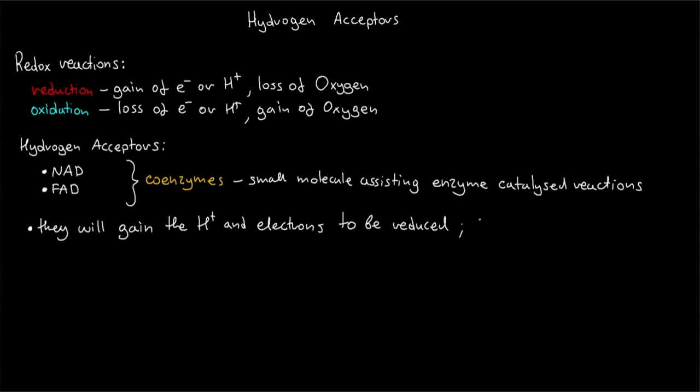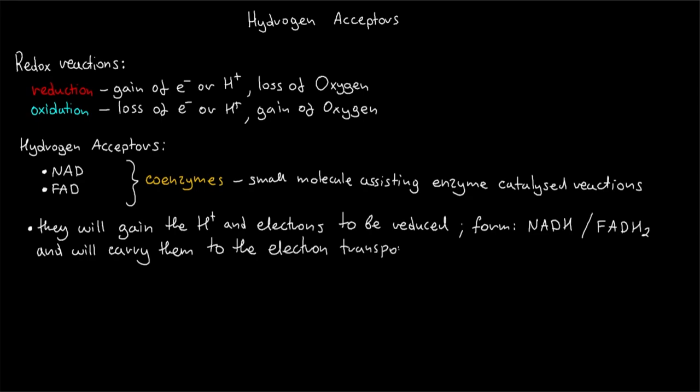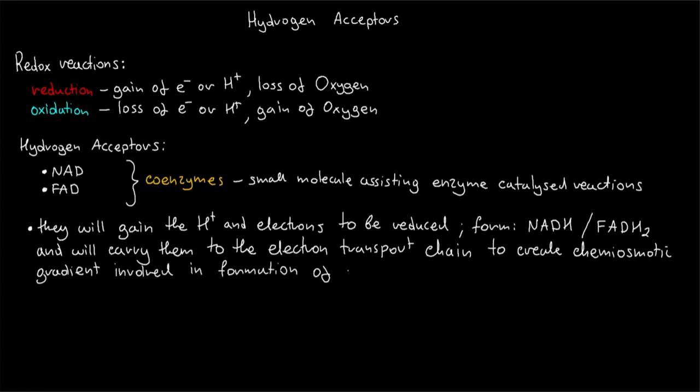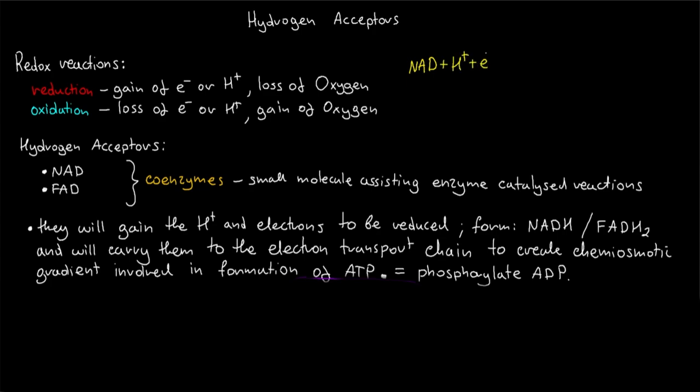NAD will get reduced to form reduced NAD, and FAD will get reduced to form reduced FAD. However, you should notice that even though I'm writing NADH and FADH2, you really should be using the terms reduced NAD and reduced FAD during your exams, as the mark scheme does not really accept NADH and FADH2 notation.